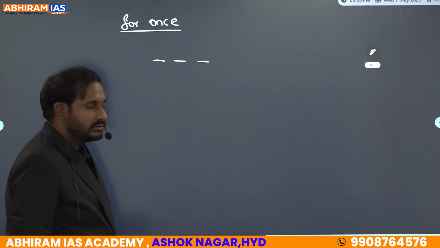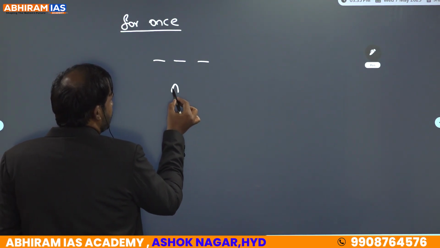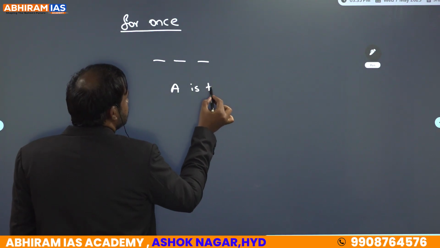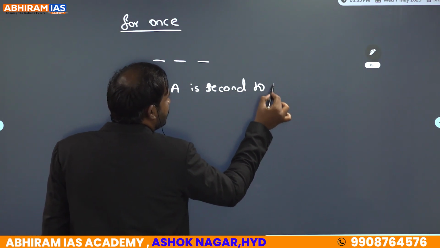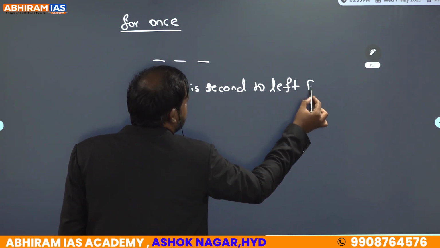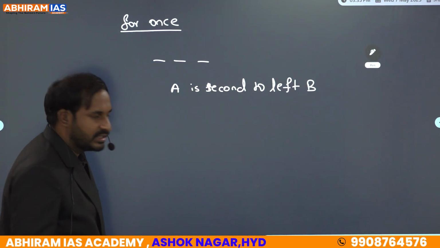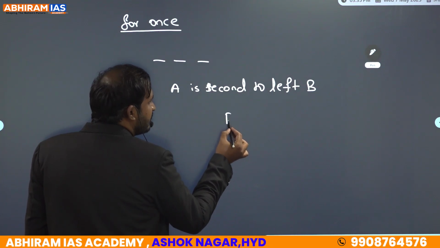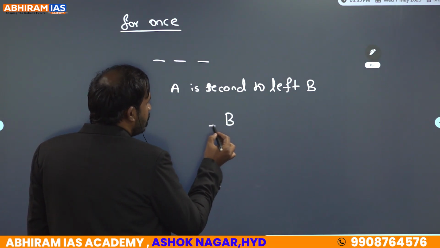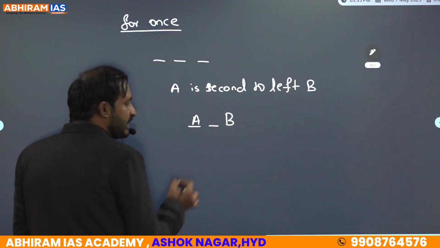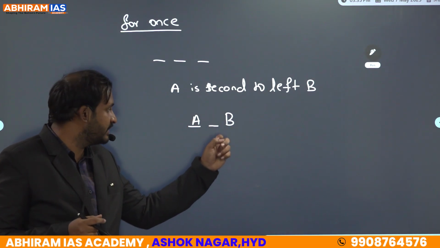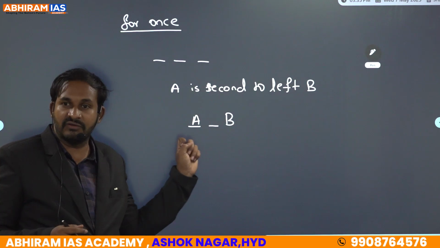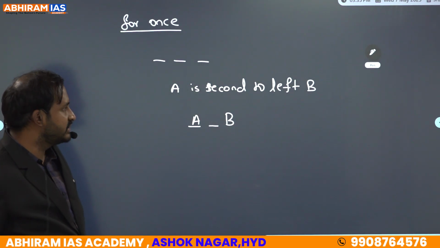For example, if there is a statement like A is second to the left of B, that means how we will write? B is a fixed person. Now with respect to B, I am placing A. We should understand that A is second to the left of B. That means with respect to B, I am writing the position of A.